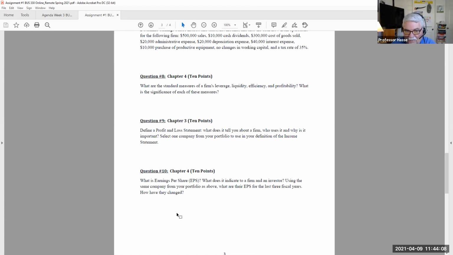In question 10, I want you to use that same company and I want you to find their earnings per share. What is it? What does it indicate to a firm and an investor? Using that same company, I want you to look up and find for me the earnings per share for the last 3 calendar or fiscal years for your company.